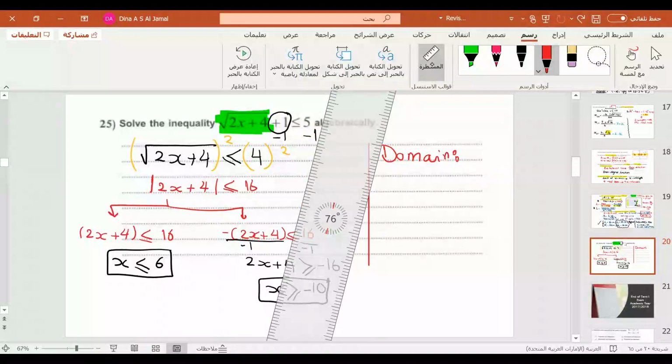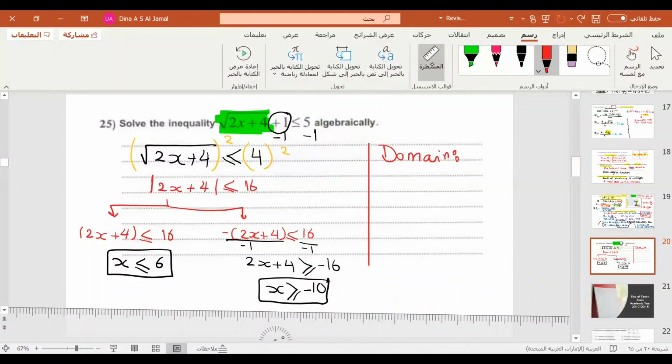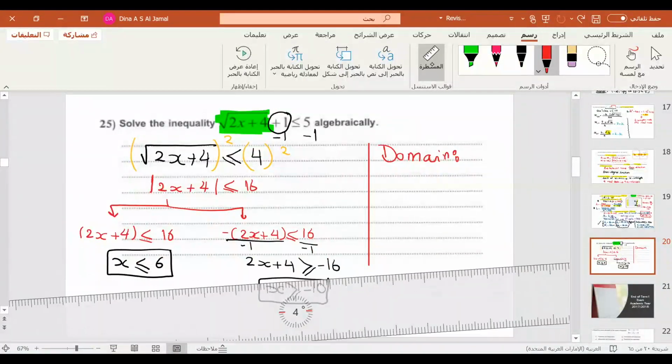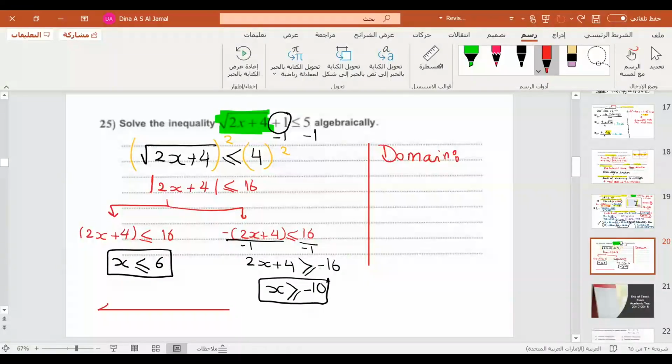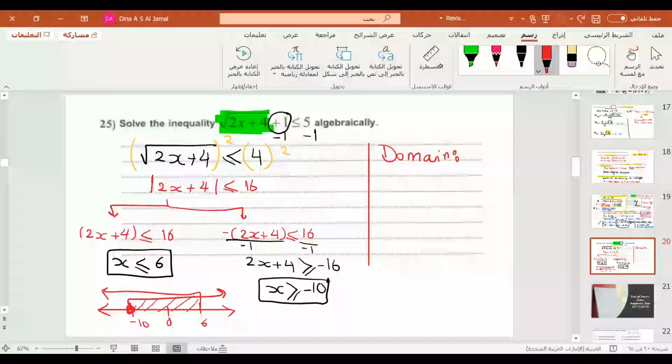If not, that means when you graph, you will be graphing your values as the following. So it will be something like this. Here is the 0, here is the 6, here is minus 10. I would like the numbers bigger than it, so it will be here until there, and you will be coloring from minus 10 until 6.